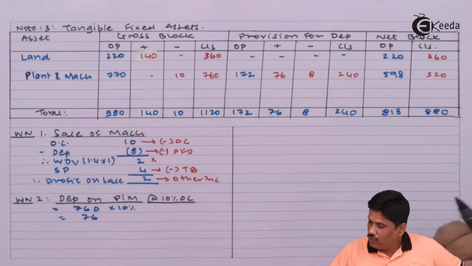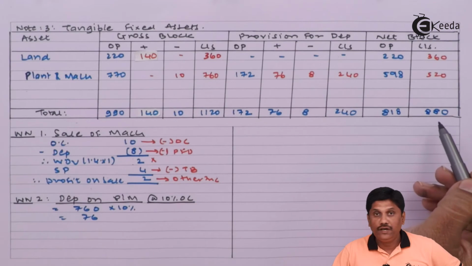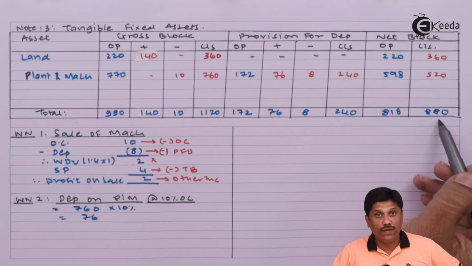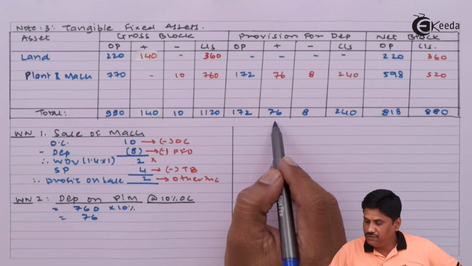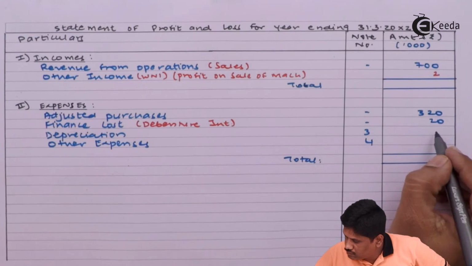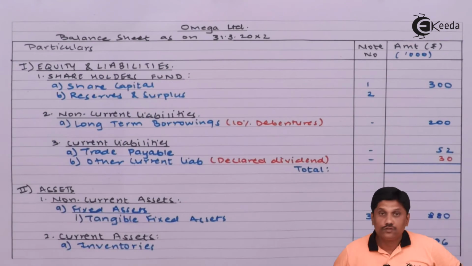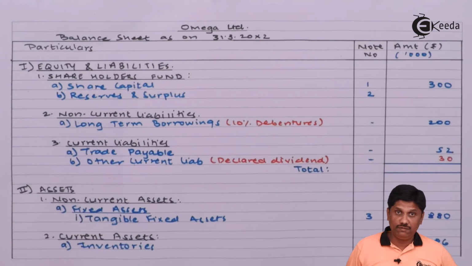Friends, we have closed the net block, and now this net block will appear in the balance sheet, and this depreciation we will write in our profit and loss.